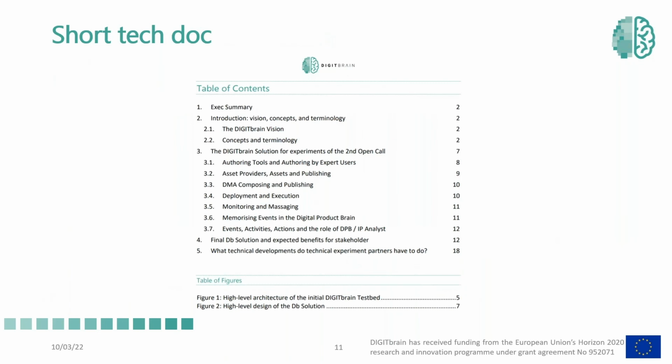This is the content of the short technical document. This is roughly 15 pages, so it's not exhaustive, but it gives you a lot of insights into our terminology, into the processes that you are going to need to perform, etc., etc.